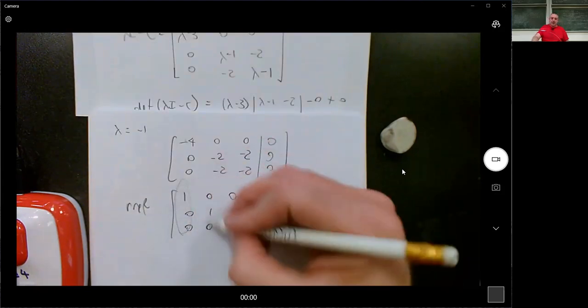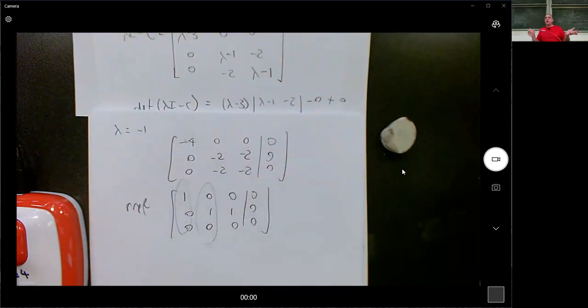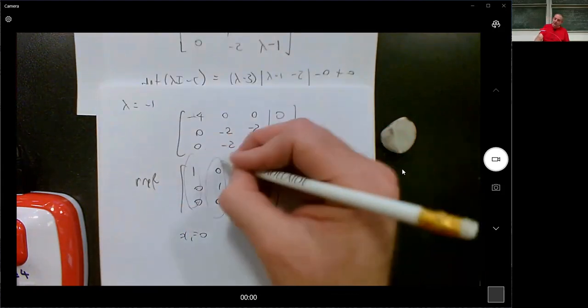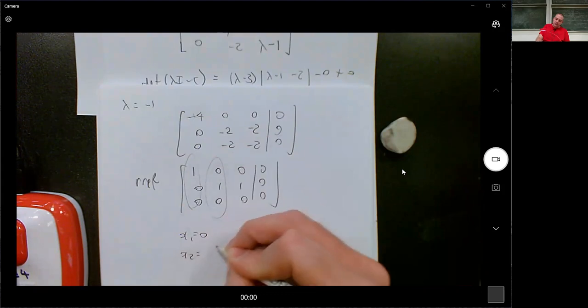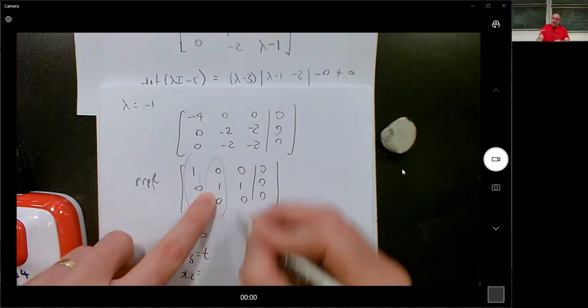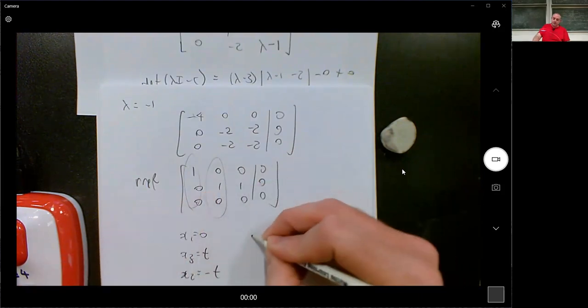And so I've got a pivot here and a pivot here, one free variable, that's good, I should only have one free variable. And so I get x1 is 0, that's what this row says. x3 is going to be my free variable, and x2 is going to be minus t.